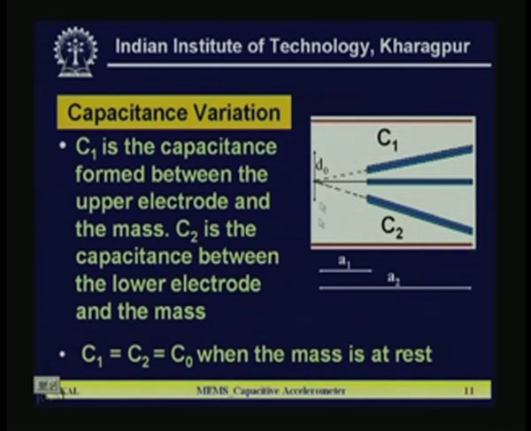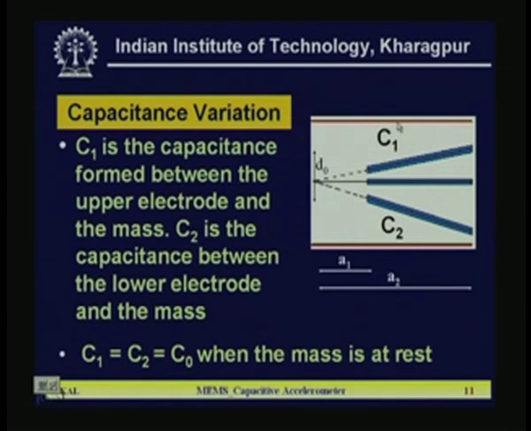For example, with maximum deflection d naught, the average displacement is shown here. The average displacement, that means gap change between the fixed and the bottom, because the mass moves up and down, that average value is d naught basically.